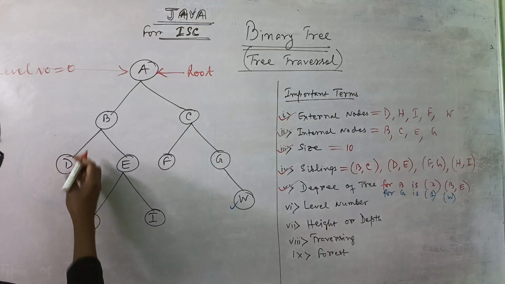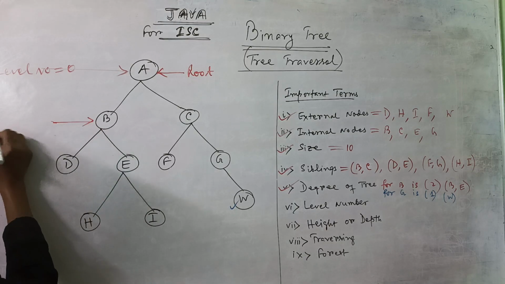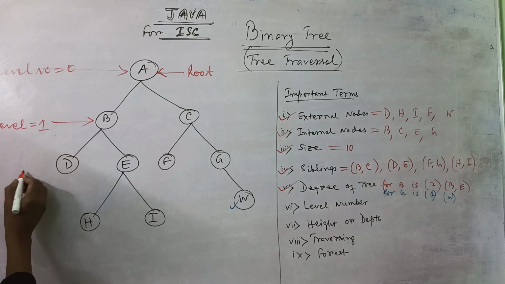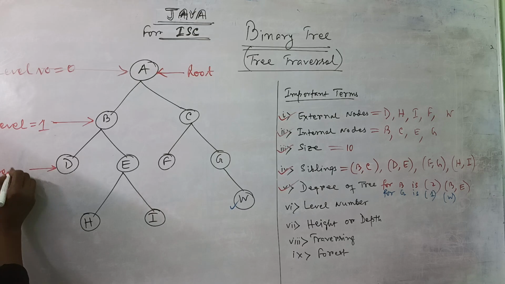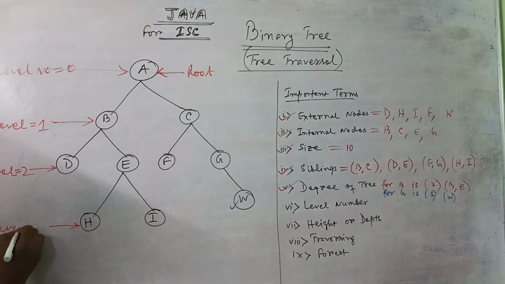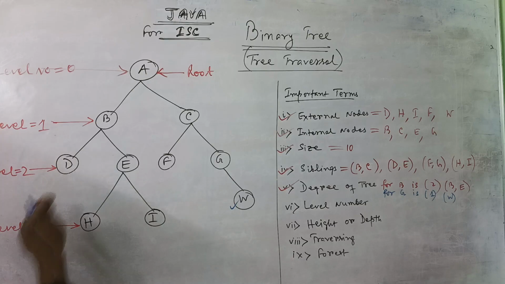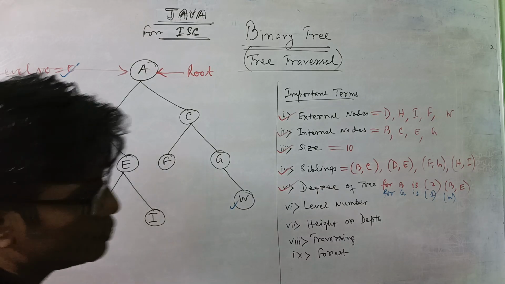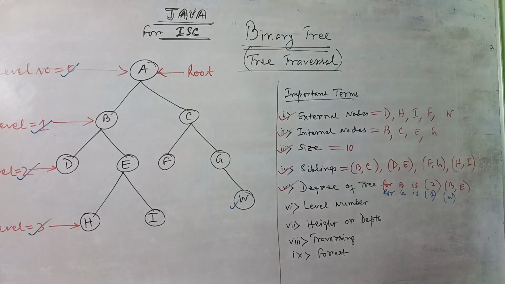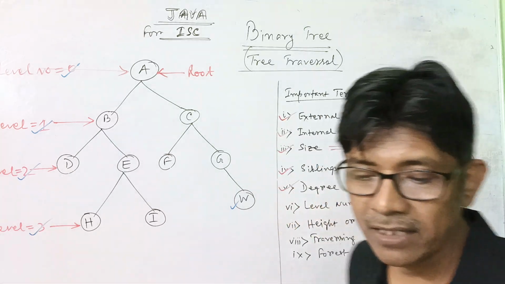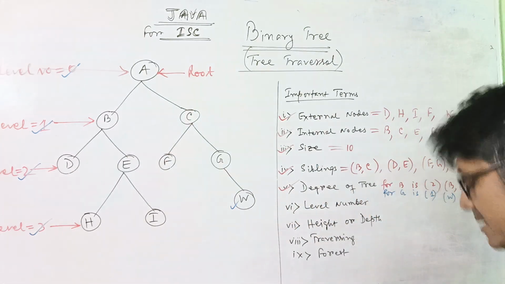Then this is level 1, this is level 2, and this is level 3. So levels are marked from 0, then 1, then 2, then 3. The total number of levels is 4. You see that the root is all the time represented as 0.